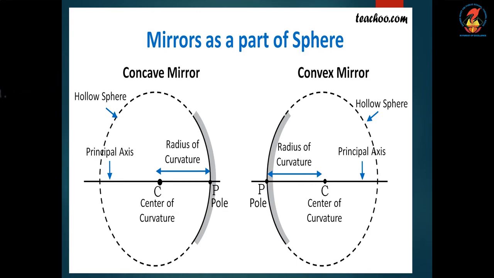The radius of the sphere of which the reflecting surface of a spherical mirror forms a part is known as the radius of curvature.